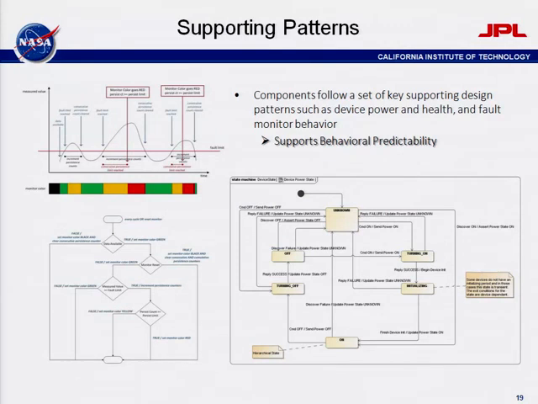So again, these are just kind of eye charts, but what you see here is these two figures show our fault monitor pattern, how the colors actually work, and what is the logic for evaluating a fault monitor. You can't really see the details. I basically just put these up here to illustrate the fact that we have these patterns and that all monitors in our system would follow this particular pattern.